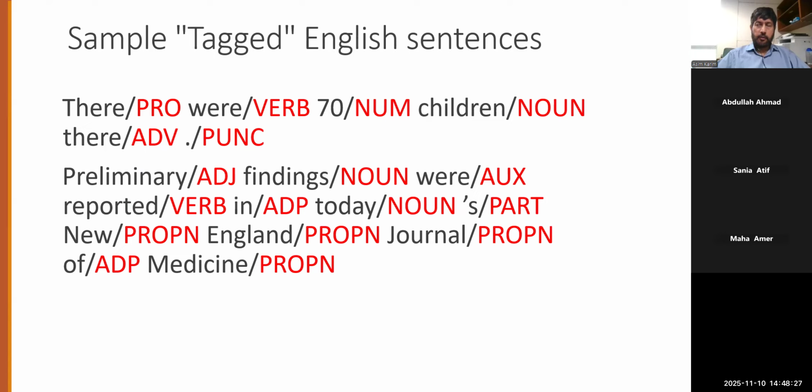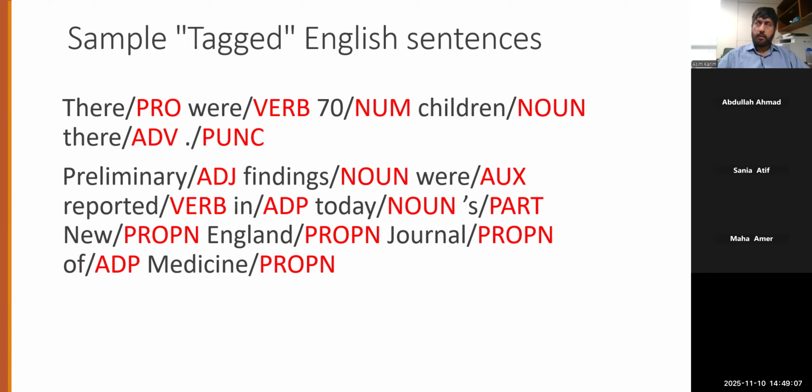So these are a couple of sentences in which you have the words followed by the proper tags. In the first word, there is a pronoun. Word is a verb. 70 is a number. So num is also a POS tag, a word class. If you go to finer grained tagging, num also becomes a word class.